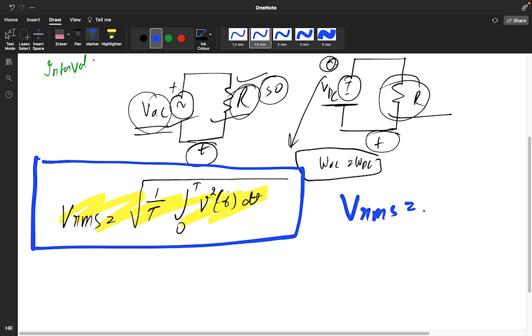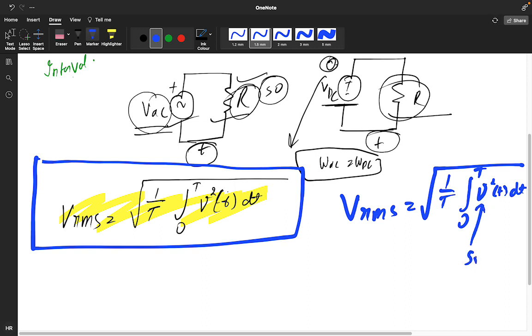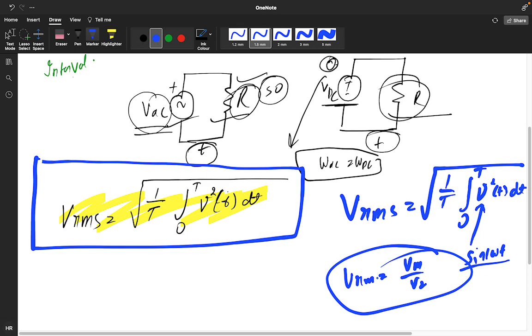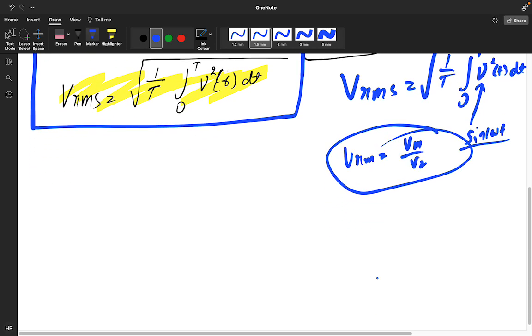Vrms is nothing but root under 1 by T, integral 0 to T, v square of t into dt. Now if you put the value sine omega t in this equation, you will get Vrms as Vm by root 2. Okay, so how it comes, I will show you.